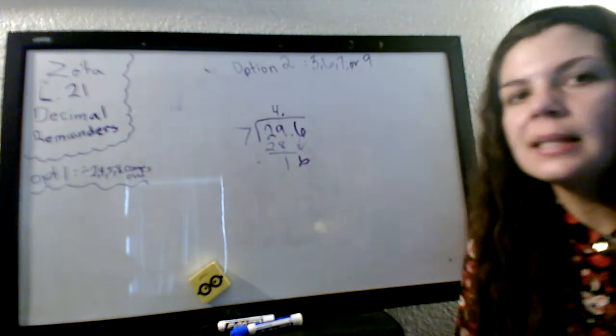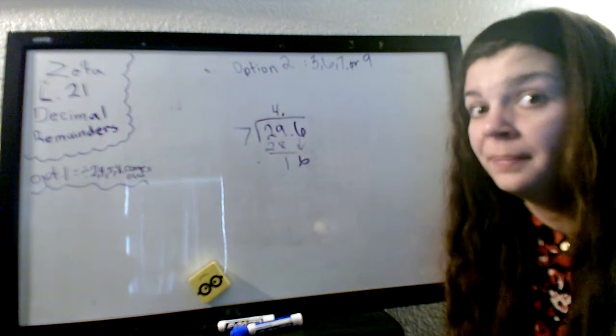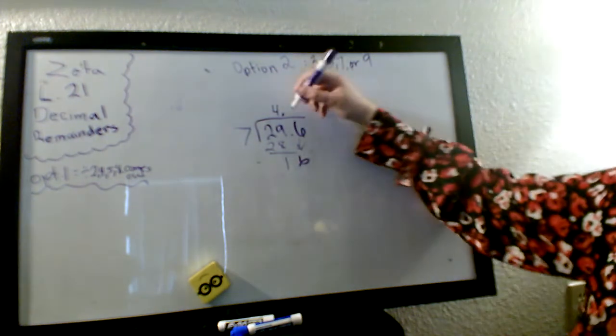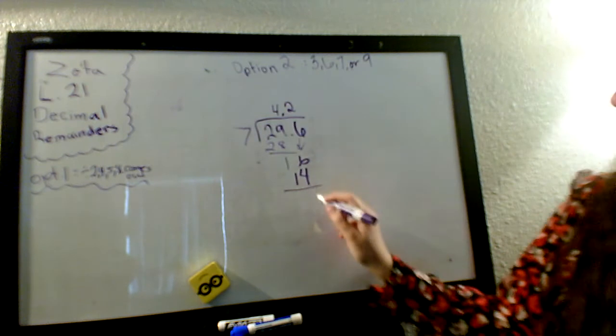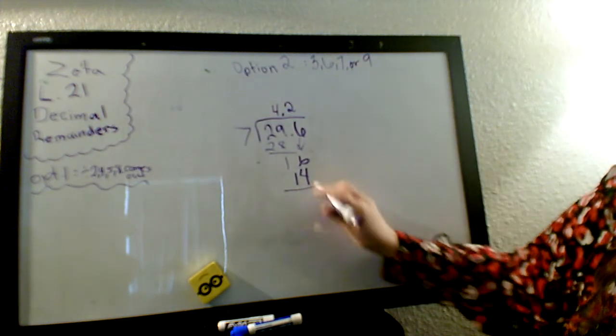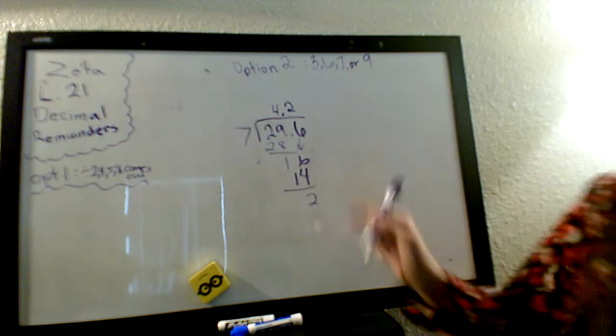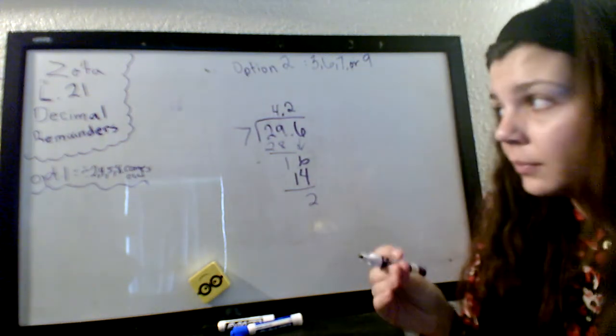6. How many 7s go into 16? 7 times 2 goes into 16, and that makes it 14. I've got 2. Oh, Miss Heather, you're going crazy. All right, now I need to start adding my zeros, right? We'll have to see.